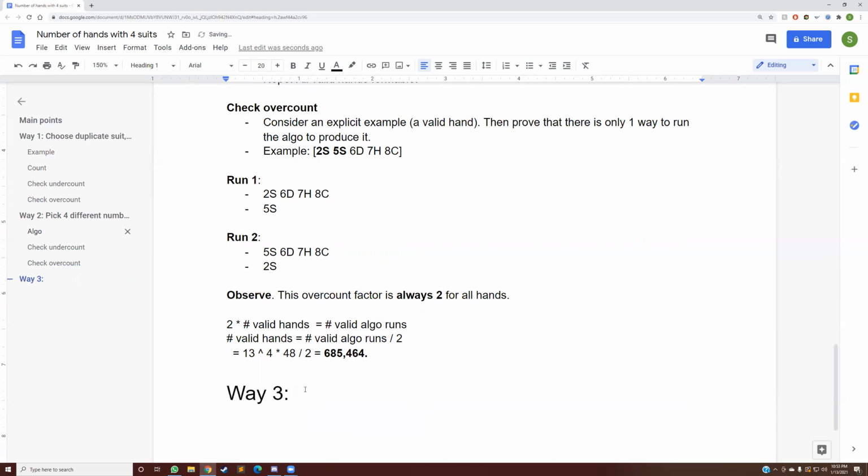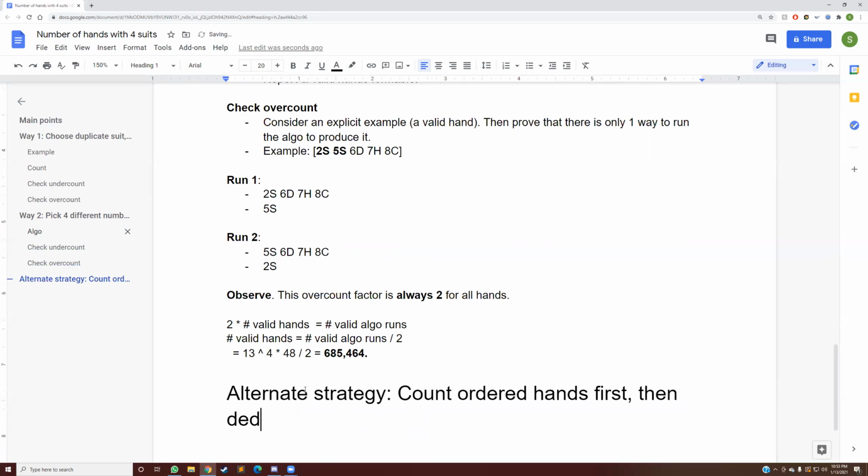Let's see. There's an alternate strategy which you kind of follow with your approach, which is to count ordered hands first, then dedupe. You then divide by 5 factorial. Yeah. Right. And this is fine.